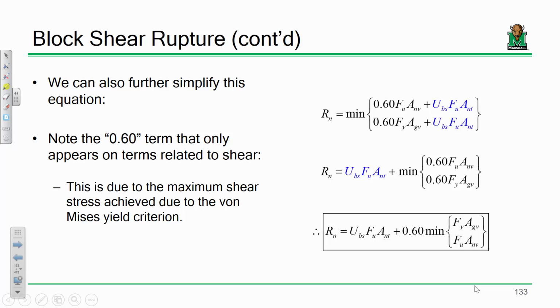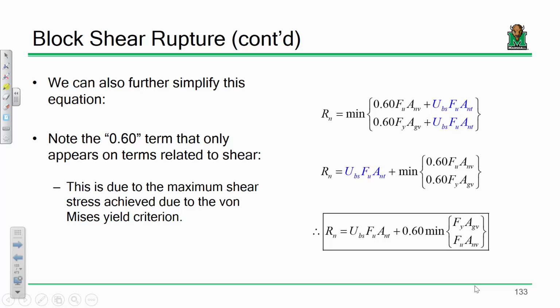The nominal capacity equals two terms. The first term relates to everything going on in tension, and the second term relates to everything going on in shear. If you look at the first term, it's UBS Fu Ant. It's the tensile component. Everything on the right, Fy Agv and Fu Anv, are the components related to shear.